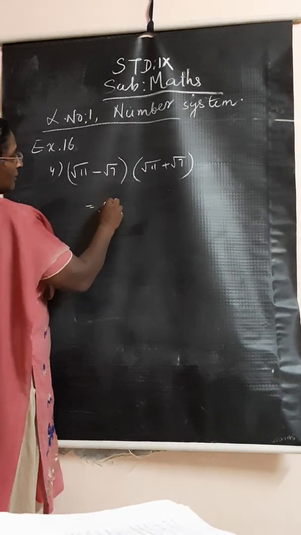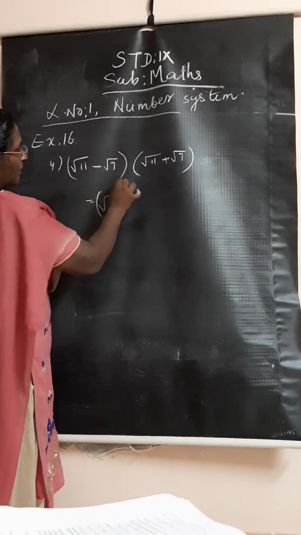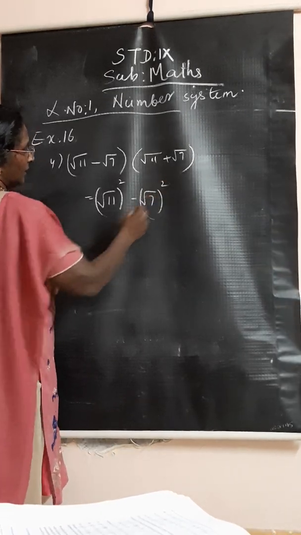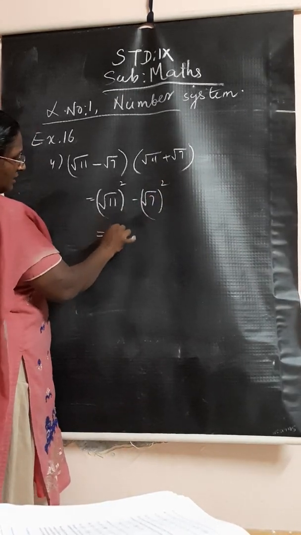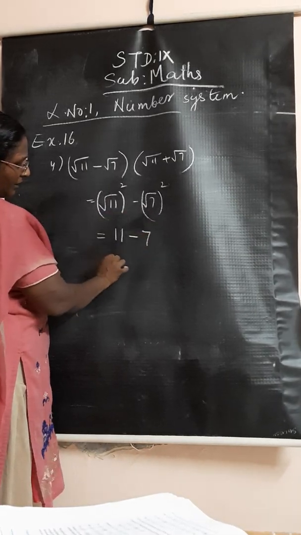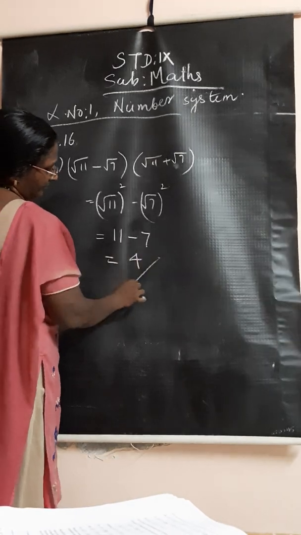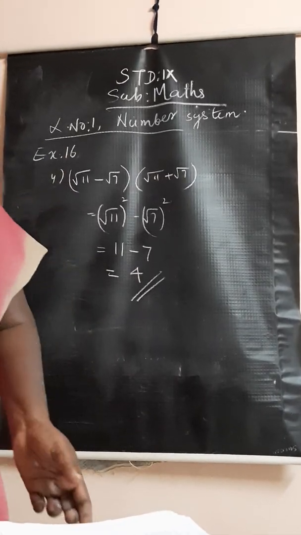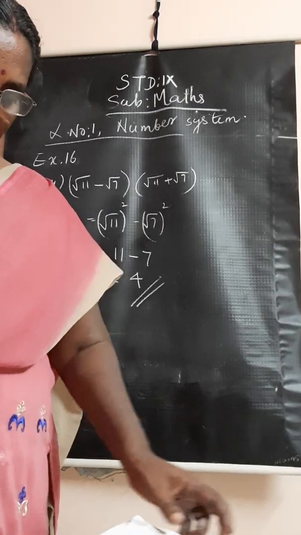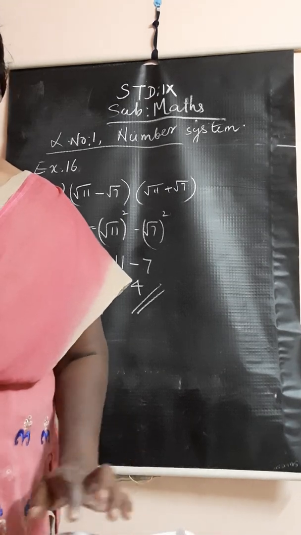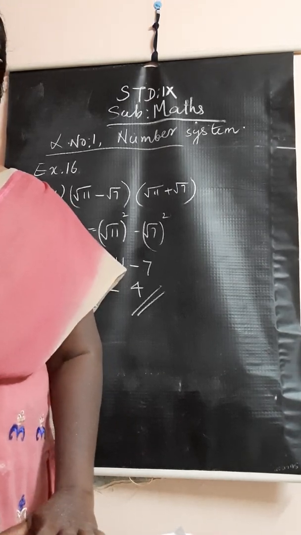That means root 11 the whole square minus root 7 the whole square. That is equal to 11 minus 7, how much is coming? 4. Okay, clear?